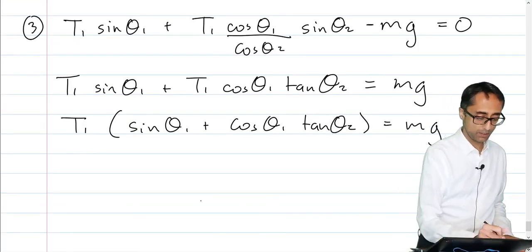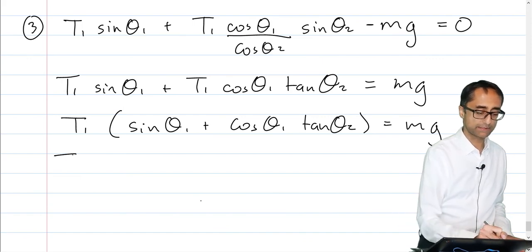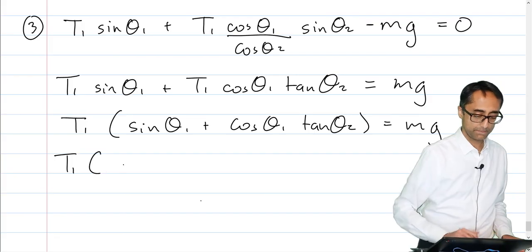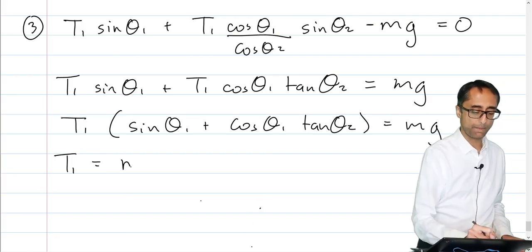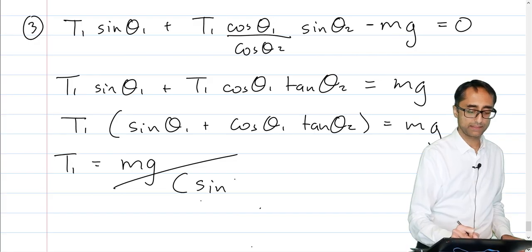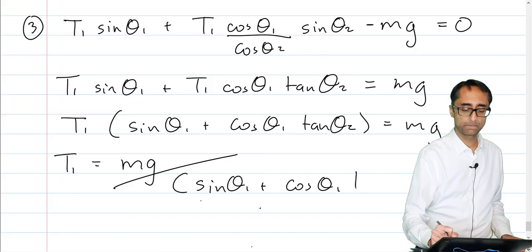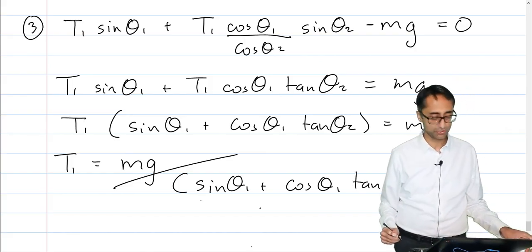And finally, we can solve for T1 by dividing all that stuff by both sides. And you get T1 equals mass times gravity divided by sine theta 1 plus cosine theta 1 tan theta 2. All right, that looks good to me.